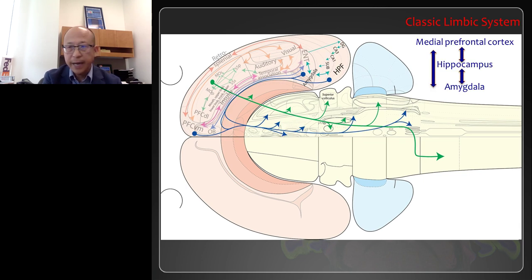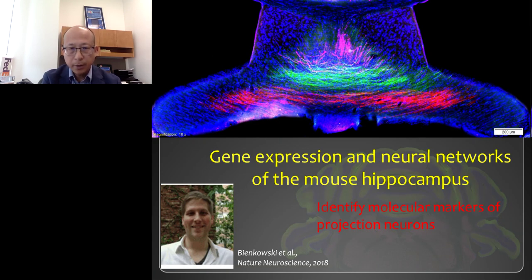It is organized by hippocampus, amygdala, and medial prefrontal cortex. Their projections go mostly to the hypothalamus and are involved in the control of emotion related behavior. For this part, we also made good progress. We put together this hippocampal connectome paper.